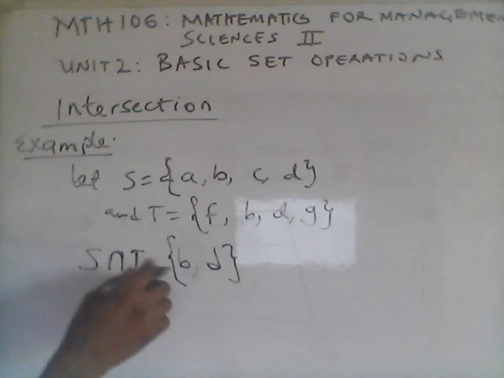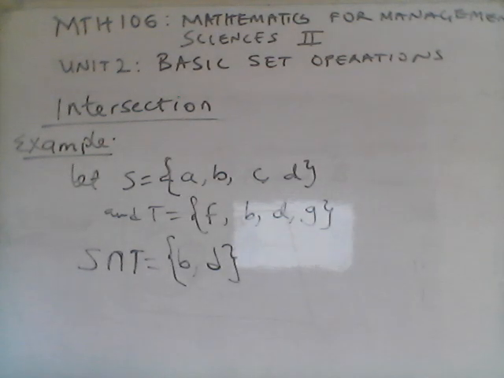S intersect T is B and D. The high point here is that for intersection, the element present in all the sets must be common. So it's a common ground.